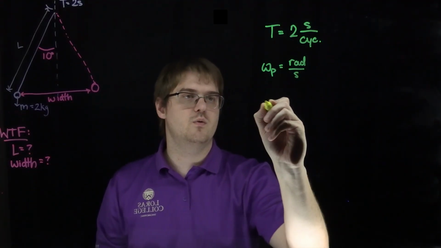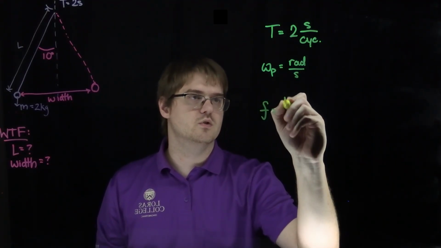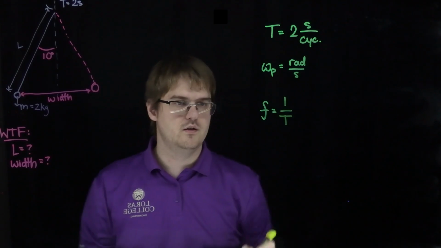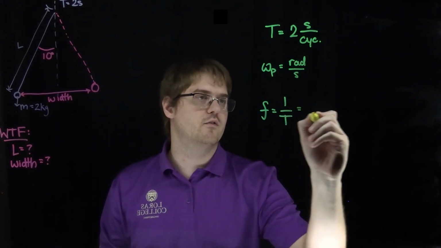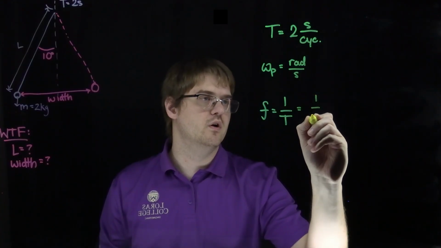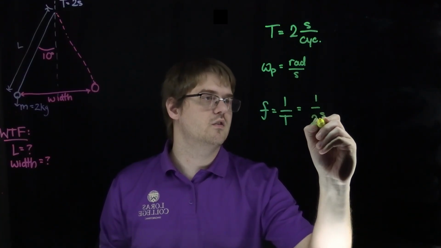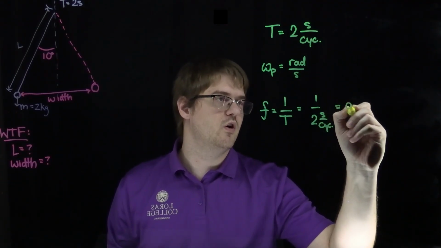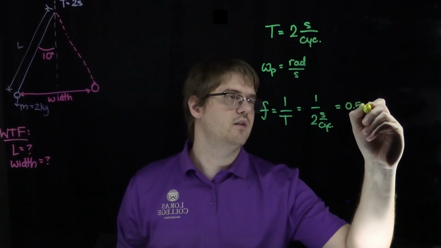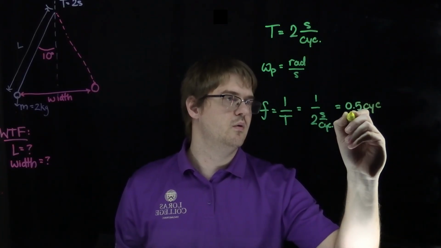So our frequency is going to be equal to 1 over our period, frequency being in cycles per second. So we have frequency is 1 over 2 seconds per cycle. That is going to be 0.5 cycles per second.